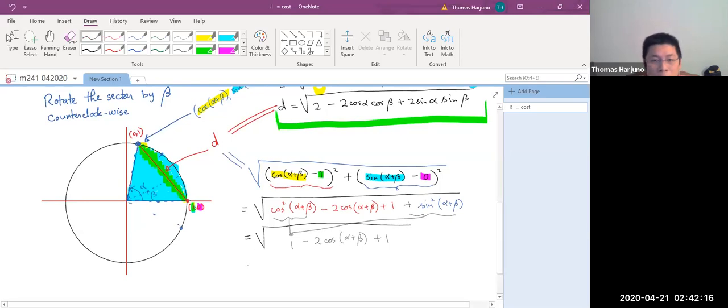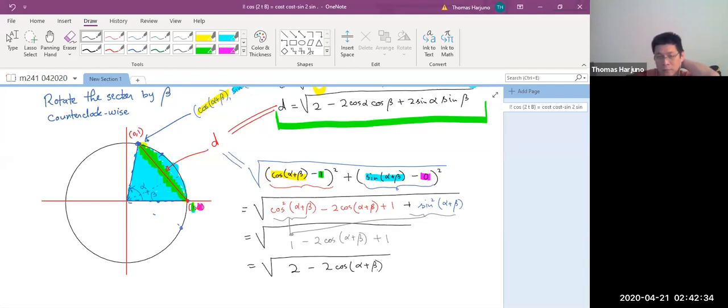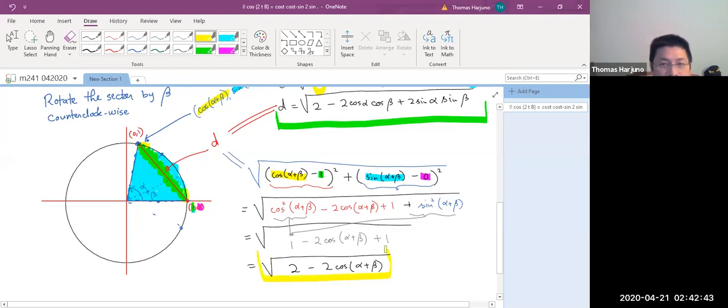Go on one more step. We are almost done. So that 1 plus 1 gives me 2 minus 2 cosine alpha plus beta. Okay, so the length of this segment here is given by this expression, but also given by that expression.